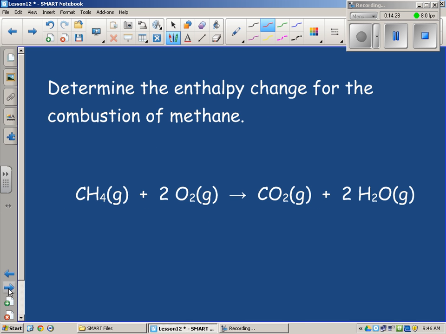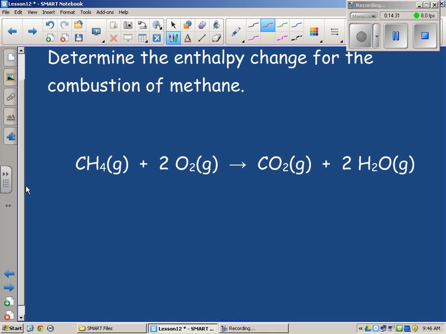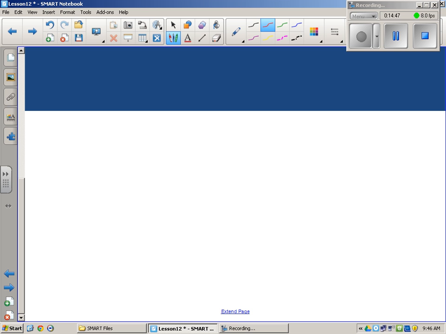So let's take a look here. If we want to determine the enthalpy change for the combustion of methane, here's what we're going to do. Sometimes it's a notation thing, so sometimes you'll see this little 0 up here.